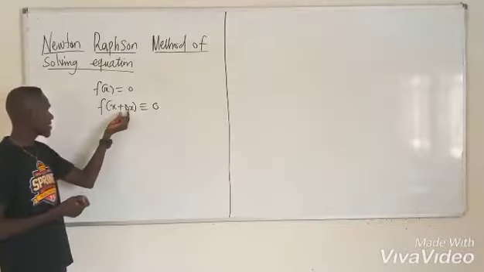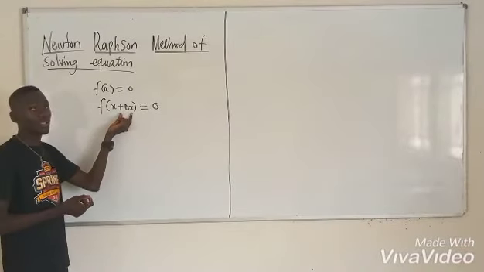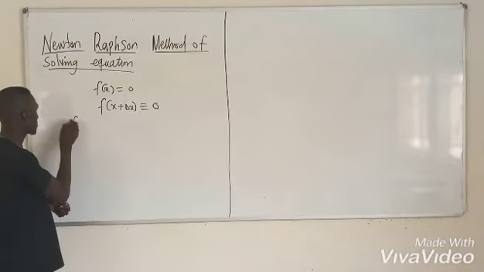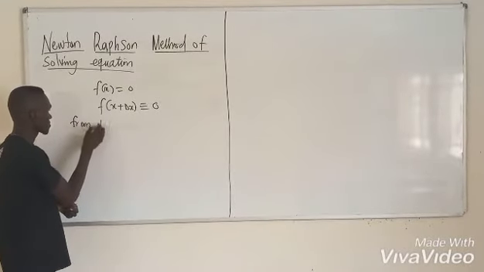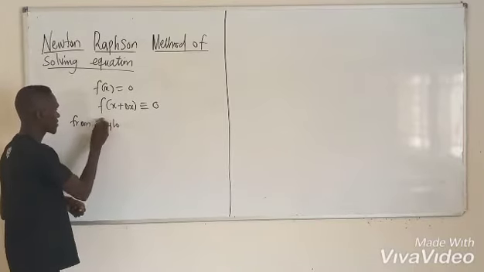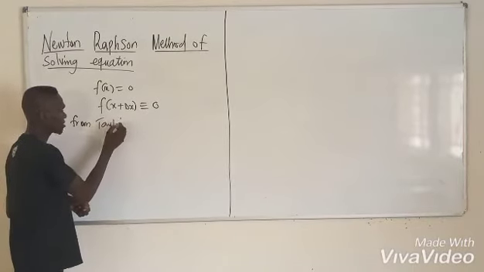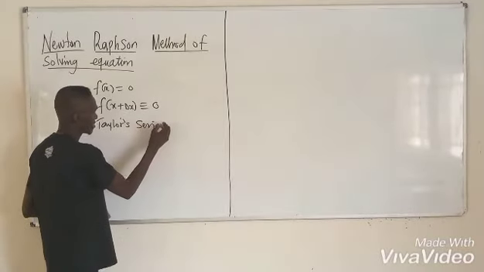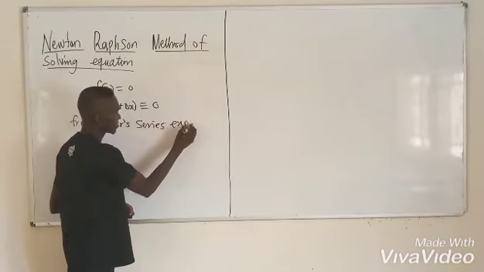So now we will be expanding this function that has its change using Taylor's series. This is a name, I shouldn't have a small letter. This is Taylor's series expansion.